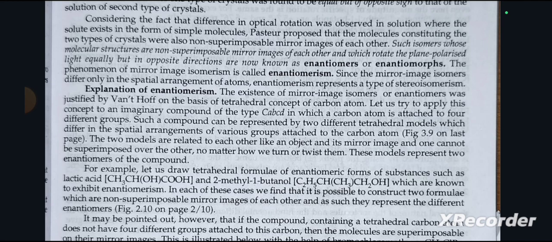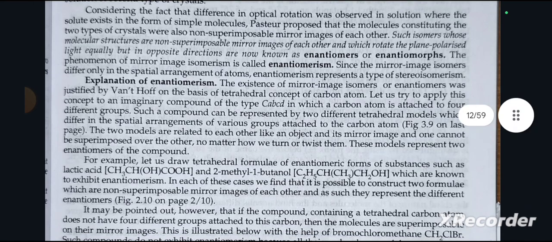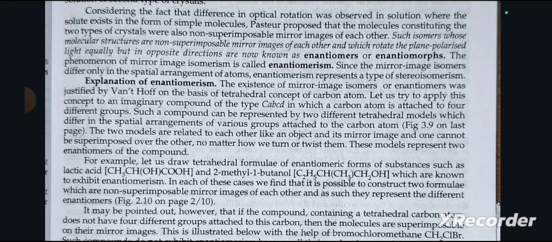Such isomers, whose molecular structures are non-superimposable mirror images of each other and which rotate the plane polarized light equally but in opposite directions, are now known as enantiomers or enantiomorphs. The phenomenon of mirror image isomerism is known as enantiomerism. Since the mirror image isomers differ only in the spatial arrangement of atoms, enantiomerism represents a type of stereoisomerism.